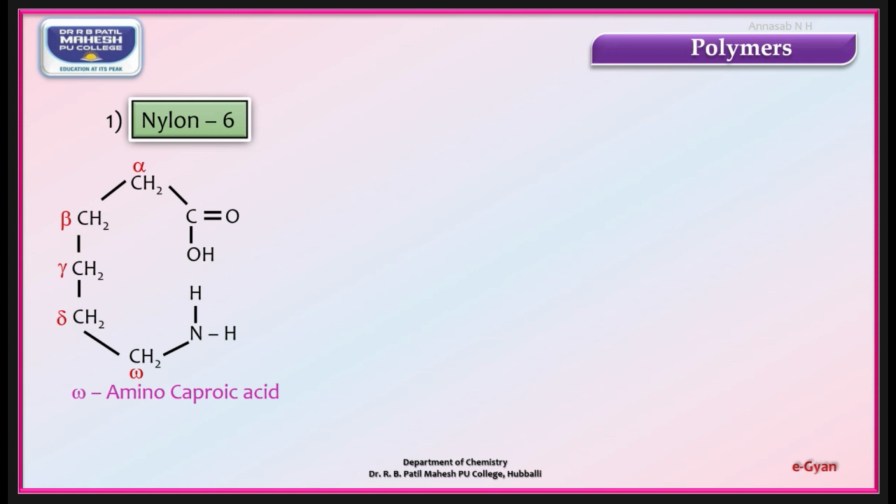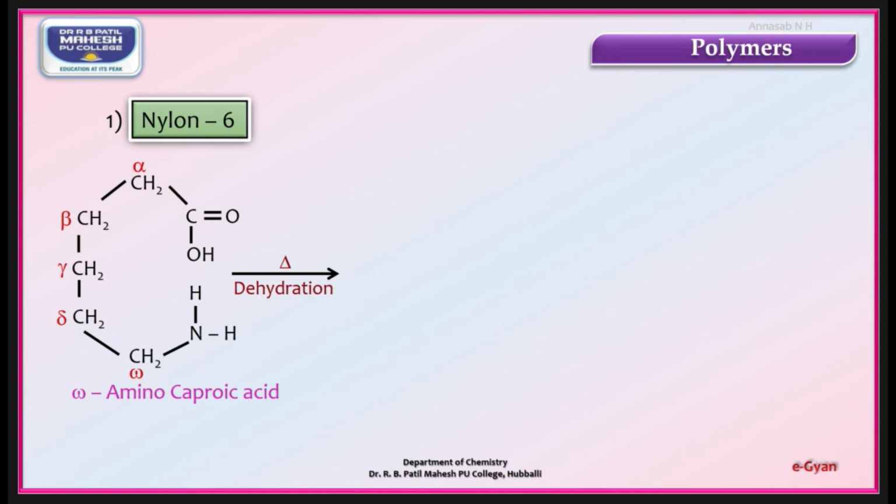So it is an amino acid where there is a presence of acidic group as well as amine group. Total there are 1, 2, 3, 4, 5, 6 carbon atoms, and the 7th member is amine nitrogen atom. The same thing we are going to do, that is a removal of water molecule from here, that leads to the formation of amide linkage.